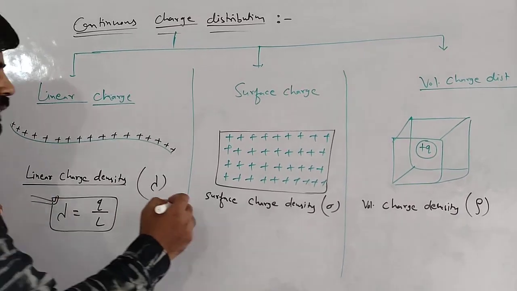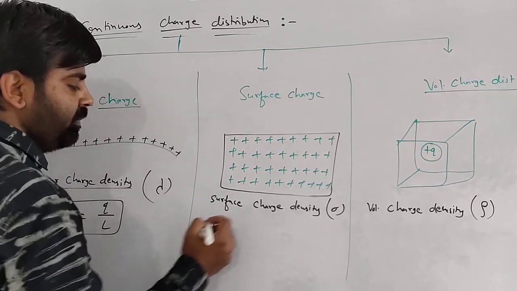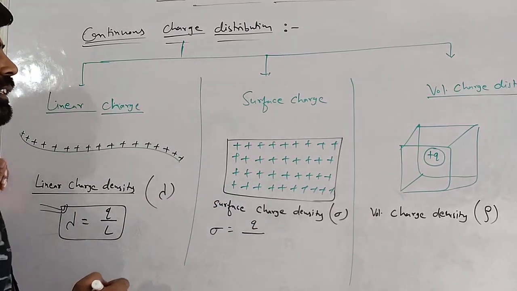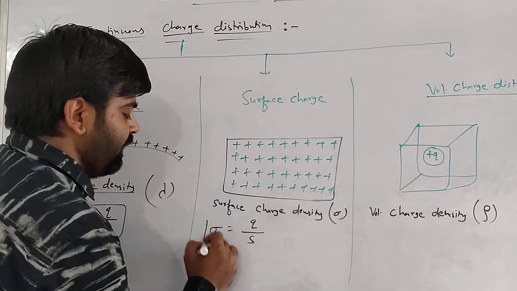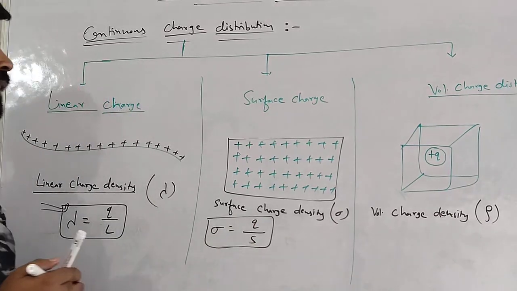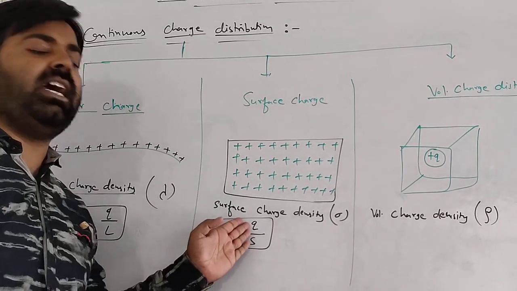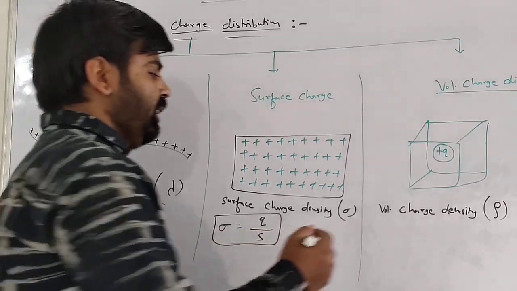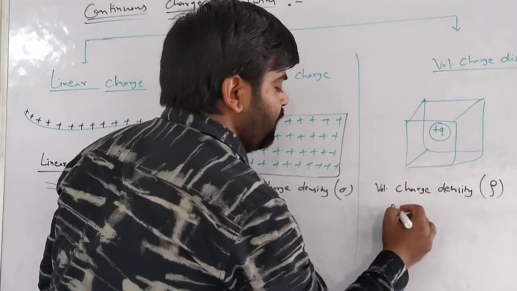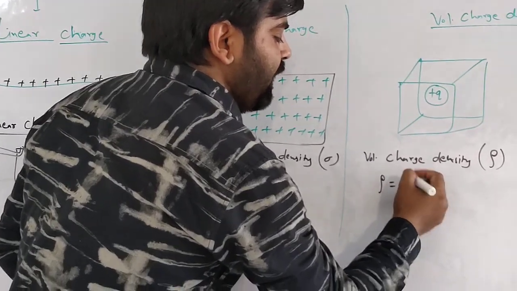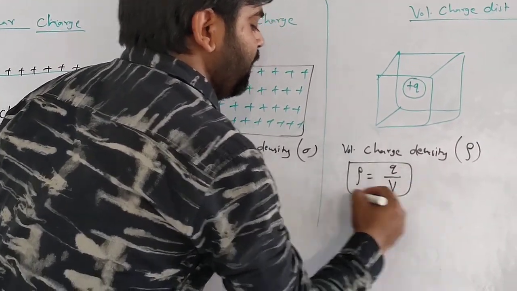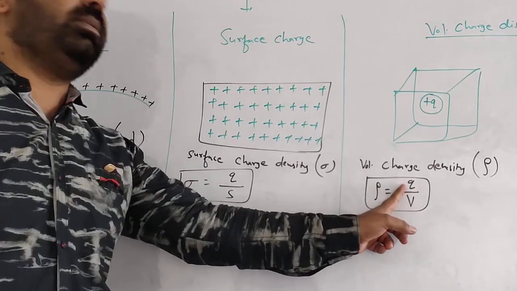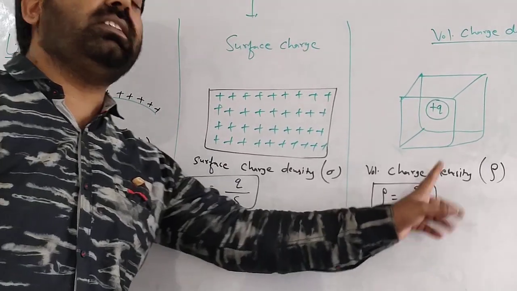In the same way, sigma is the net charge distributed over its surface area divided by the total surface area. So the net charge distributed per unit surface area is called its surface charge density. And for volume charge density, rho is equal to total charge Q upon total volume V. The net charge distributed in the unit volume of the conductor is called its volume charge density.